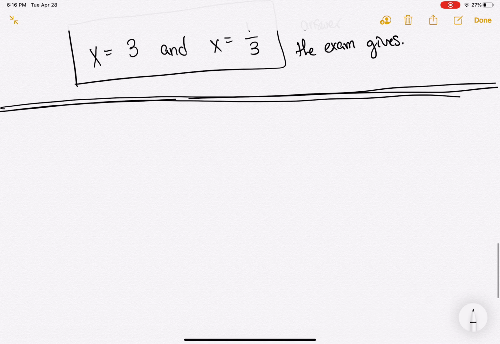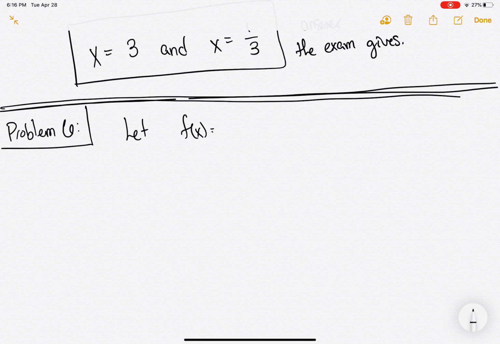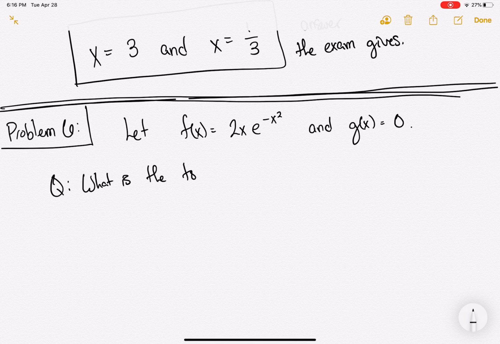Okay, problem 6. Says let f of x equal 2x e to the minus x squared and g of x equal 0. Question: what is the total area bounded between the curves?